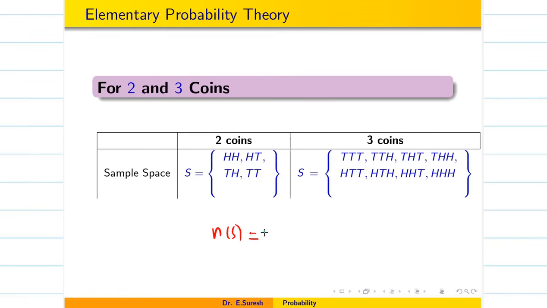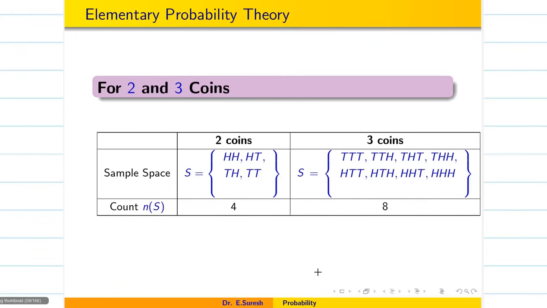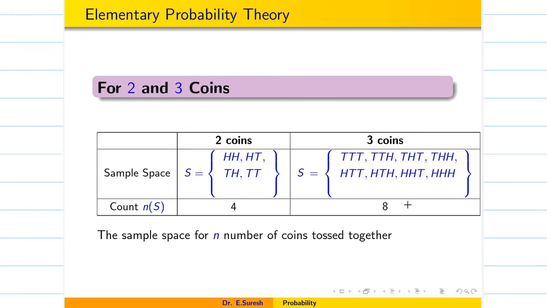So N of S, the cardinality for 2 coins, is 2 squared, which is 4, and the cardinality for 3 coins is 8, which is 2 power 3. Now you can guess my point: the sample space for n coins is 2 power n. Hope you understand.